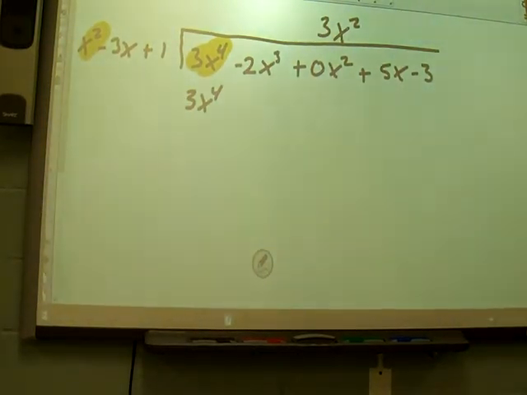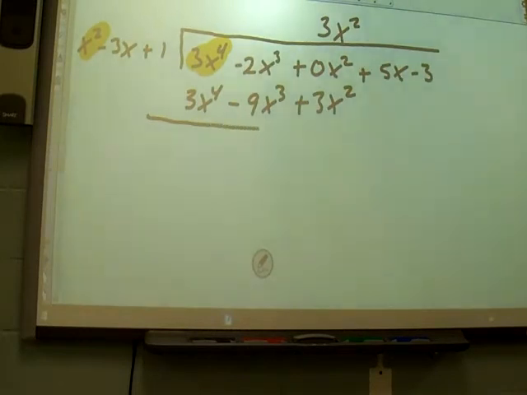Alright, so we did 3x squared times x squared, we got 3x to the 4th. And now 3x squared times negative 3x. So 3 times negative 3 is negative 9. X squared times x is x cubed. And then I got 3x squared times 1, because we multiplied times everything out there.